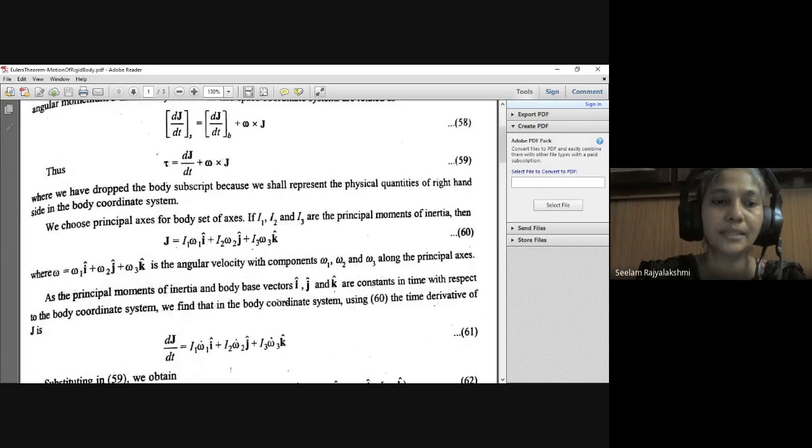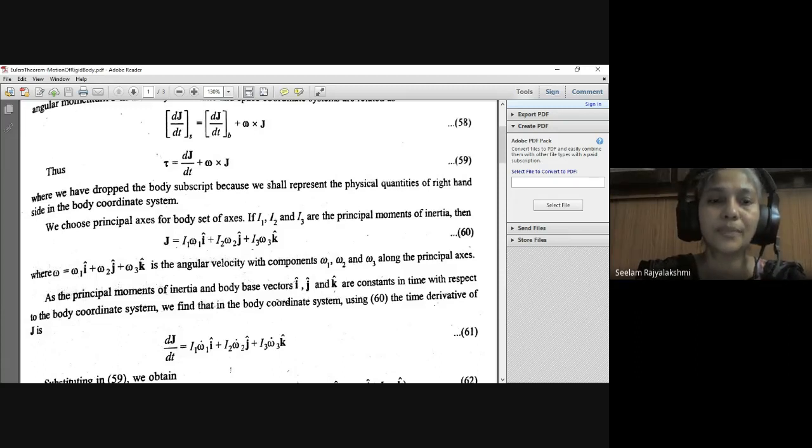Here omega equals omega 1 i cap plus omega 2 j cap plus omega 3 k cap. Omega is nothing but the angular velocity with components omega 1, omega 2 and omega 3 along the principal axes which we have considered.